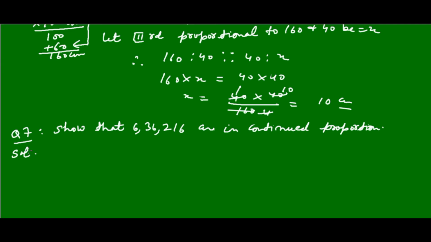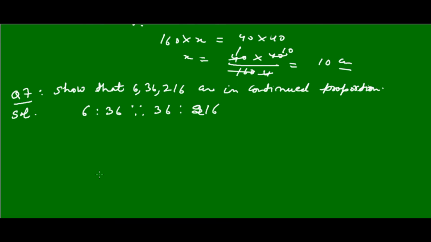For this we have to show that 6 ratio 36 proportion 36 ratio 216.